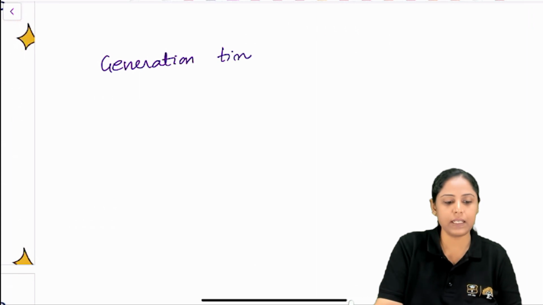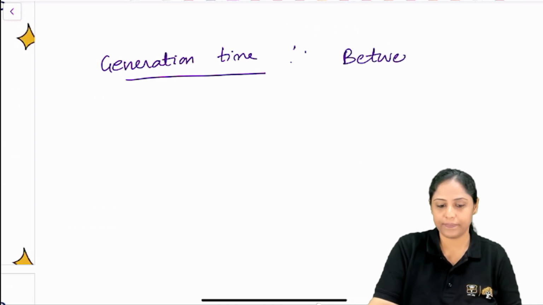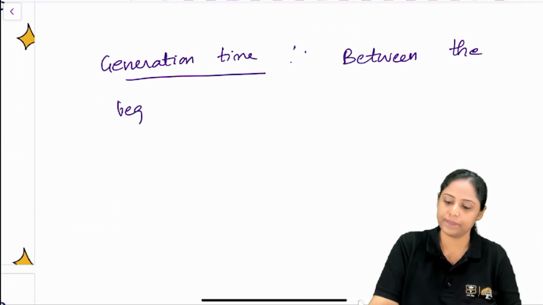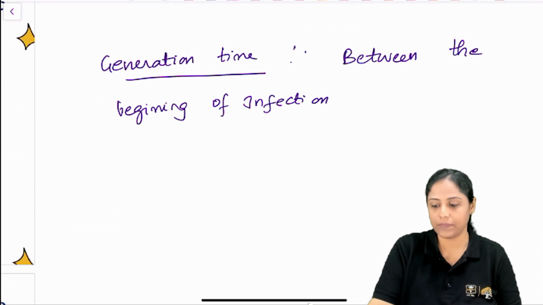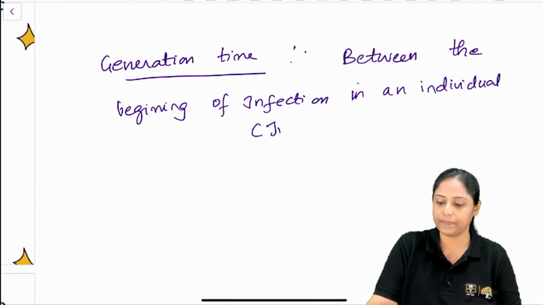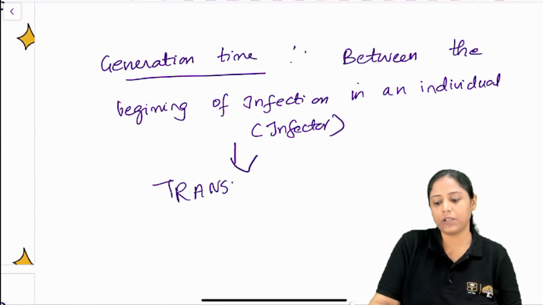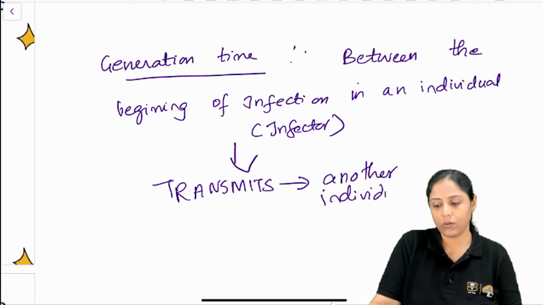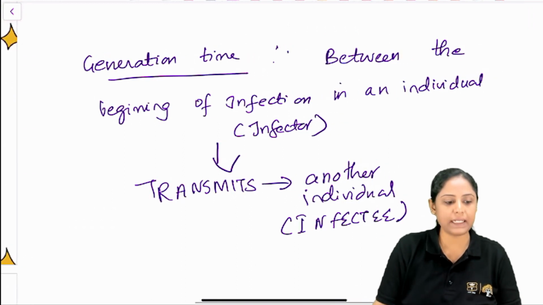Generation time is the time of an infectious disease between the beginning of infection in an individual who can be called an infector, to the time the person transmits it to another individual, who is called the infectee. So that is generation time.